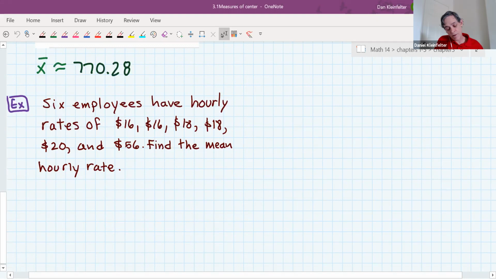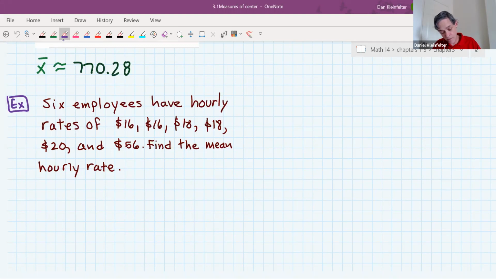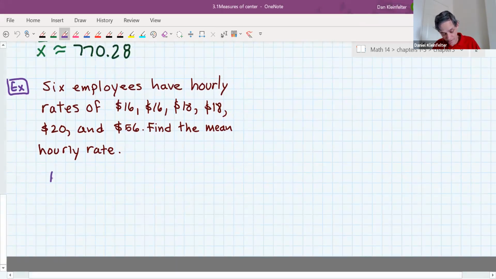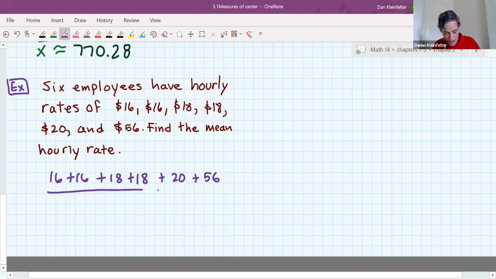All right, another example, 6 hourly employees. Our 6 employees have hourly rates of $16 an hour, $16 an hour, then 18 twice, 20, and then 56. We're going to find the mean hourly rate. So how you do this, of course, is we're going to add up the values, 16, 16, 18, 18, 20, and 56, and divide by the number of numbers we have, which is 6.